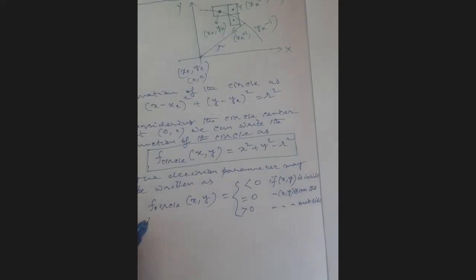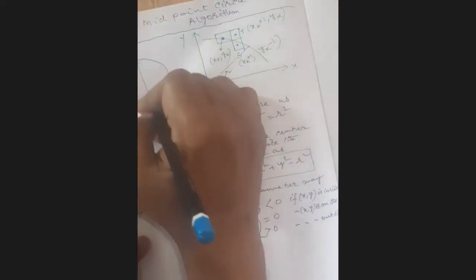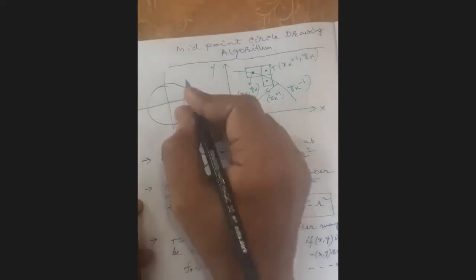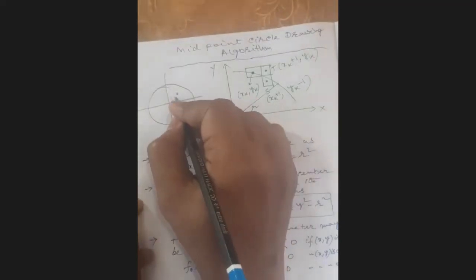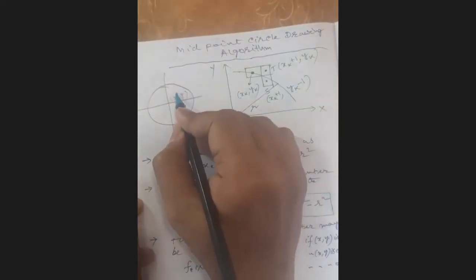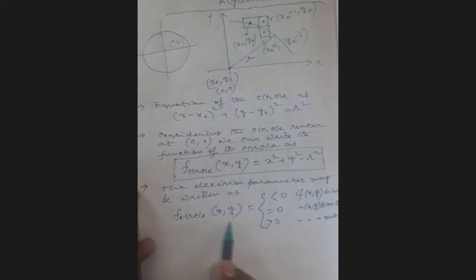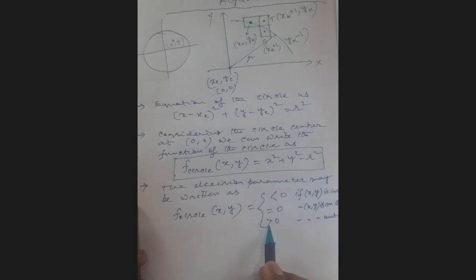So what does it mean? Basically, if we consider this is a circle, okay, I'm just drawing with freehand, so it may not be an exact circle here. If the point x, y, let's say this is the x, y, is inside the circle, then the function f circle will have a value lesser than 0, that means a negative value.